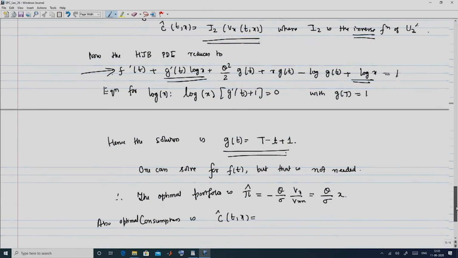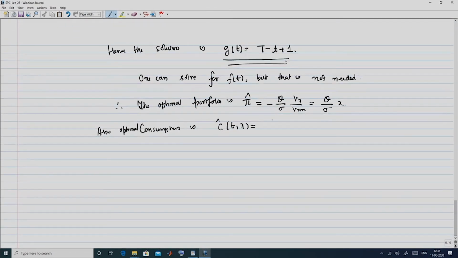So, u2 prime was 1 over x, and the inverse of that is going to be 1 over V_x of (t, x), and this turns out to be equal to x over (T minus t plus 1). Thus you have obtained the optimal portfolio as well as consumption in case of the log utility.